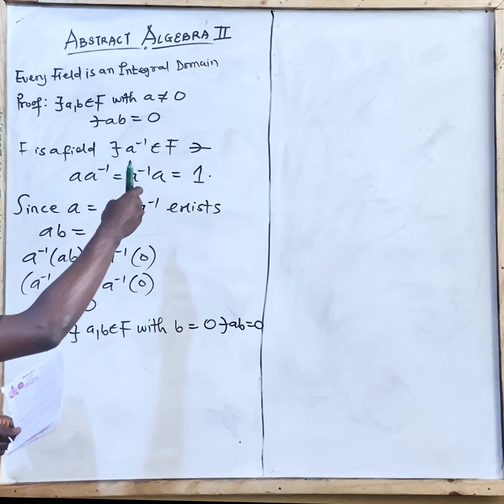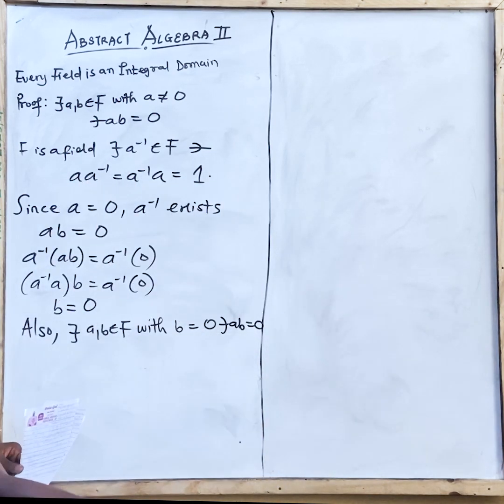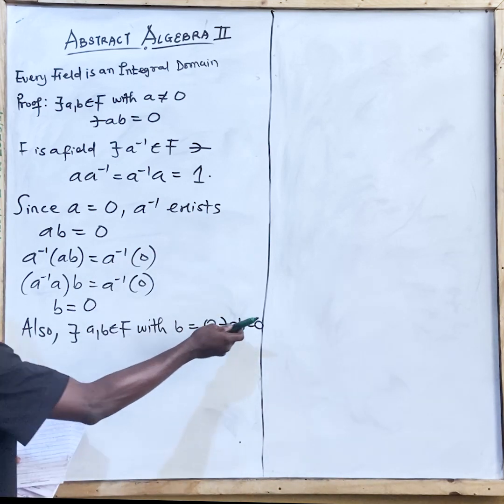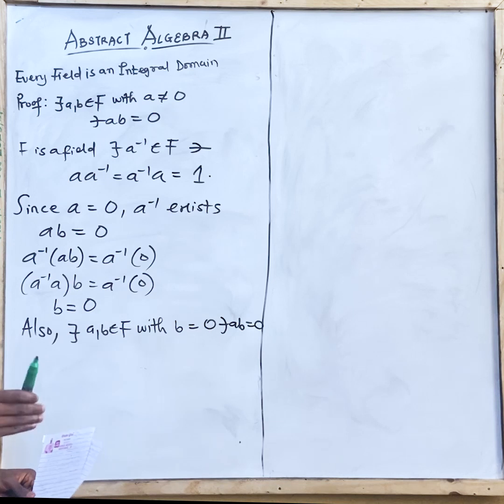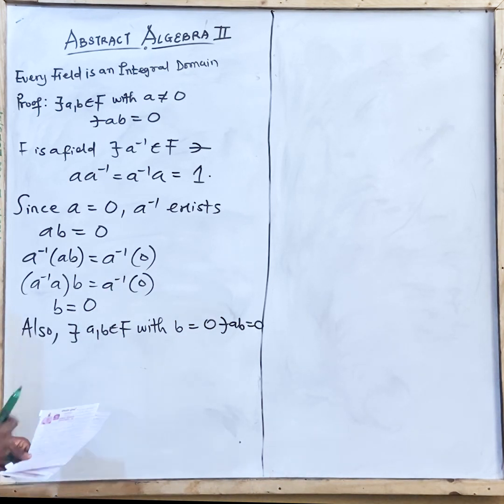Integral domain means it has no zero divisor. So I want to prove that a field has no zero divisor, which means that A and B cannot both be non-zero elements, unlike the definition of zero divisors.